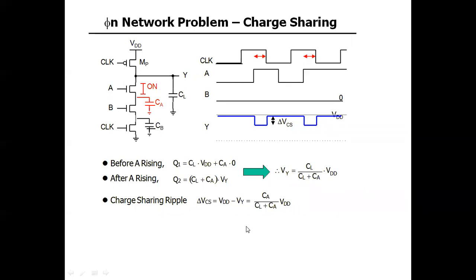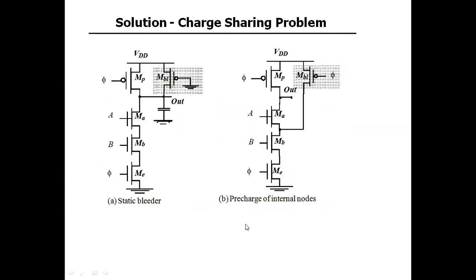But it is also a problem associated with this PDN network, right? Now what is the solution to this charge sharing problem? You can use the static bleeder circuit. What is this static bleeder? If this is the capacitance CL, you can add one more PMOS exactly parallel with the first one, to avoid this charge sharing problem.